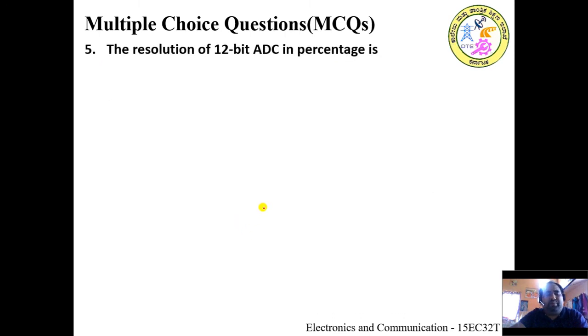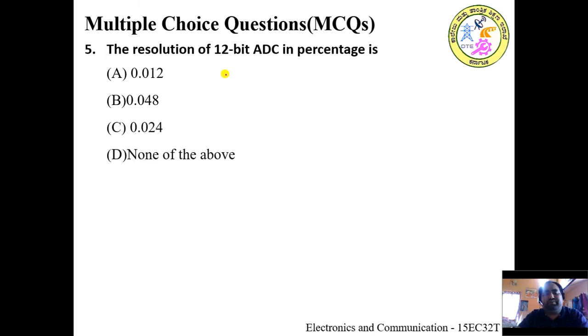The fifth one: the resolution of a 12-bit ADC in percentage is 0.012, 0.048, 0.024, or none of the above. So here again the resolution is asked, but here the resolution is asked in percentage.